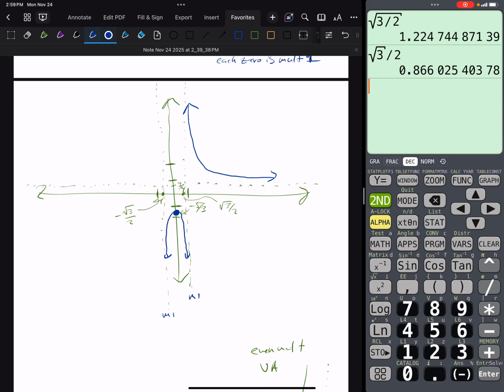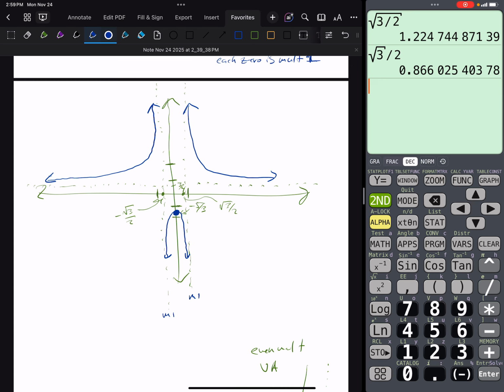And then same thing, as I approached that asymptote from the right, I went down to negative infinity. And so this is an odd multiplicity asymptote, so I must approach positive infinity as I approach that asymptote from the left. And so I'm going to have a sketch that looks something like that.